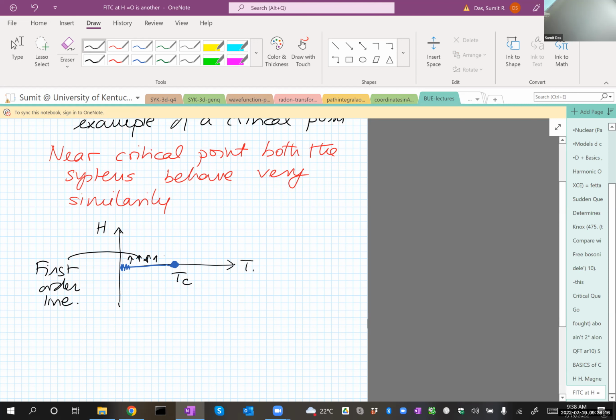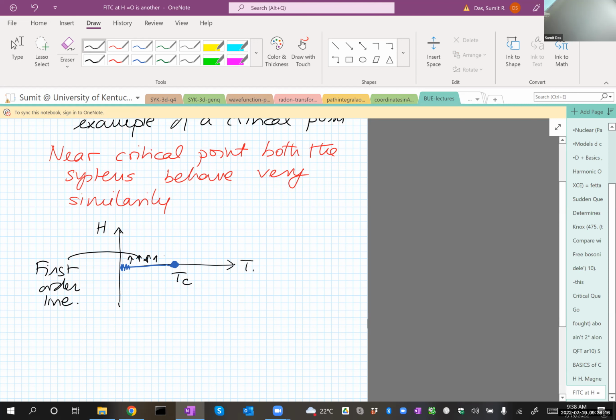And what would the function of m be? I expand it for small m. Let me write this thing down. And higher order terms.